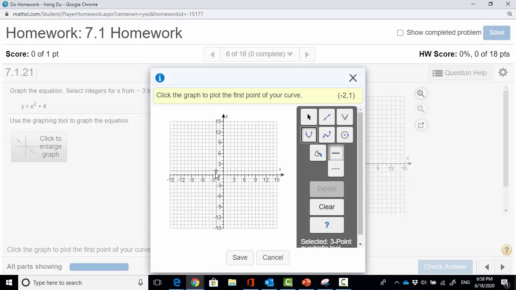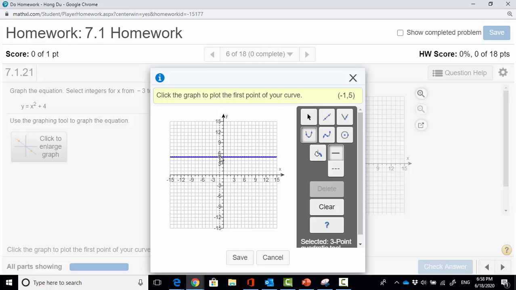So we're going to locate that point. As you move your cursor, see at the upper right corner the coordinates of the point are shown there. Make sure you check that so that you know you're graphing the right point.